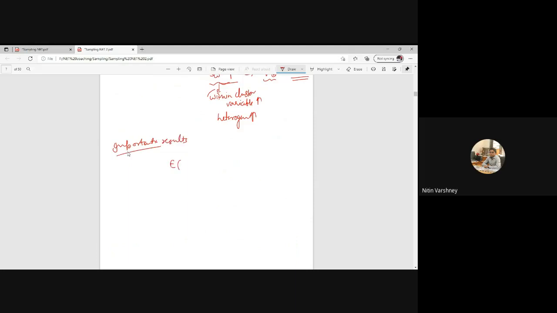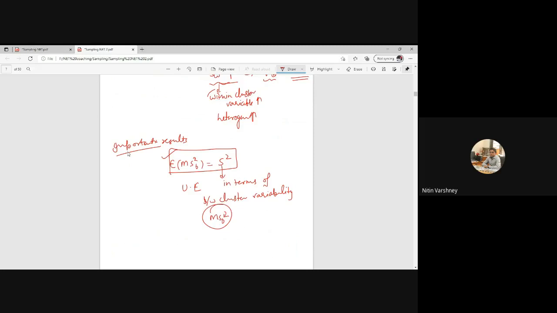That the expected value of MSB square is equal to capital S square. So if they ask what will be the unbiased estimator of capital S square in terms of between cluster variability, this MSB square is the unbiased estimator of capital S square.